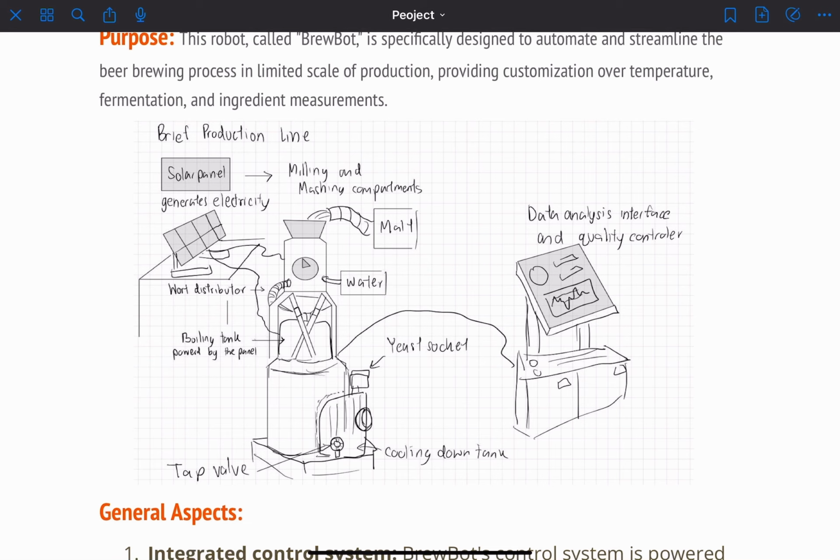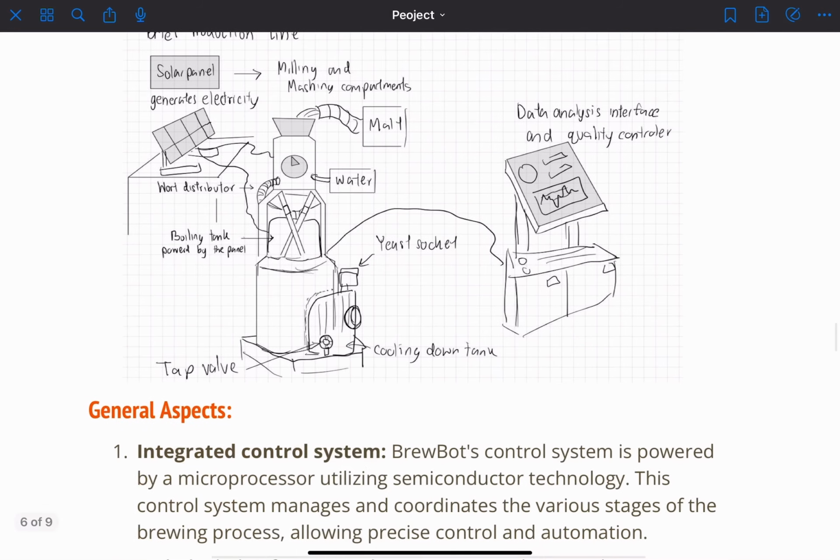Of course we can add yeast in the yeast socket later, and we can gain our product from the tap. All right, and indeed, this system is operated automatically by the data analysis interface and quality controller panel right at the right side.